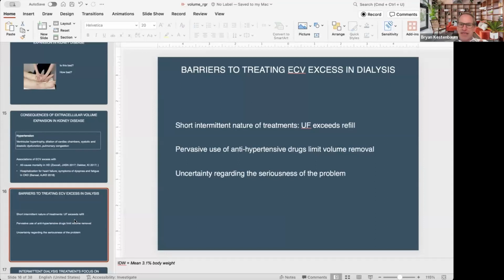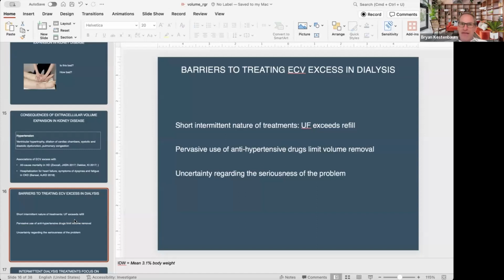I constantly am trying to tell fellows when I'm teaching that we have a catheter or a fistula, something directly accessing the intravascular blood volume of a dialysis patient, and we're pulling fluid out of this intravascular space at some rate. If and only if refill from the extravascular space keeps up does blood pressure stay the same.